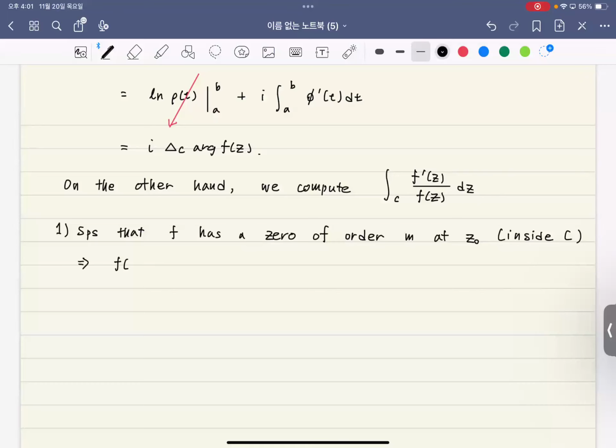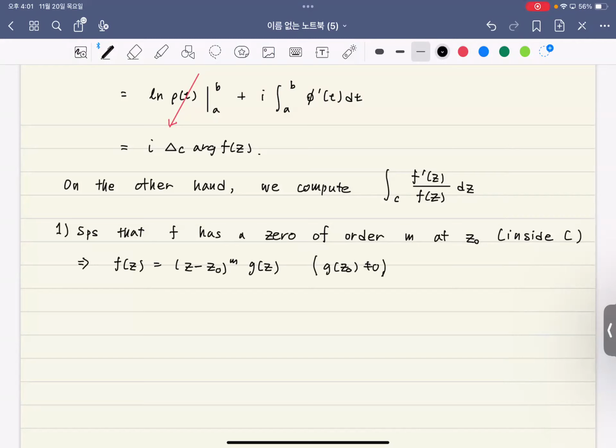Since we are assuming that f has a 0 of order m, the Taylor series of f about this point can be written like this, and g of z0 is non-zero.